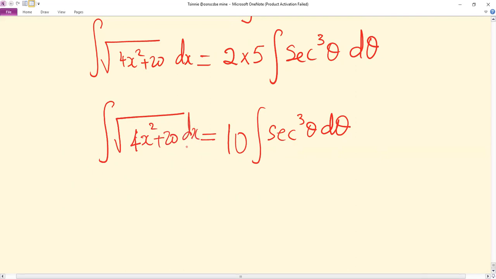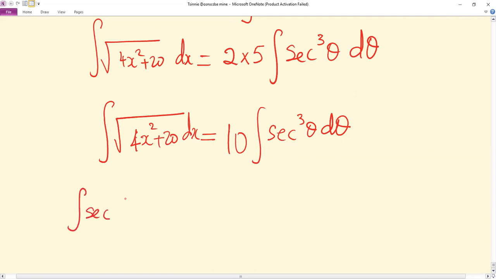Now for us to carry out that integration, we'll use this reduction formula, which we have derived before.